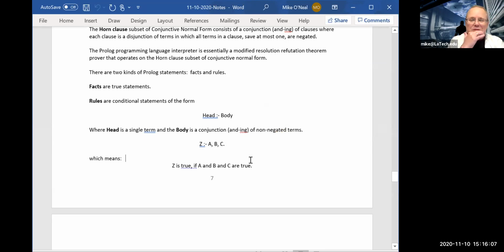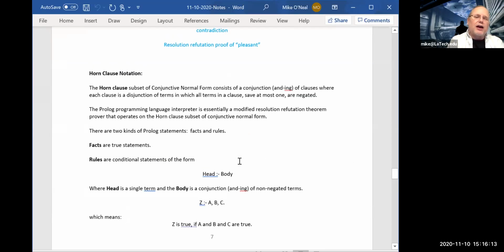Now at this point you should be saying, okay, Michael, I'm thoroughly confused because you led off by saying that Prolog uses the Horn clause subset of logic, of conjunctive normal form, right? And this doesn't look anything like conjunctive normal form, and you're just reading these commas as ands here. What's going on?